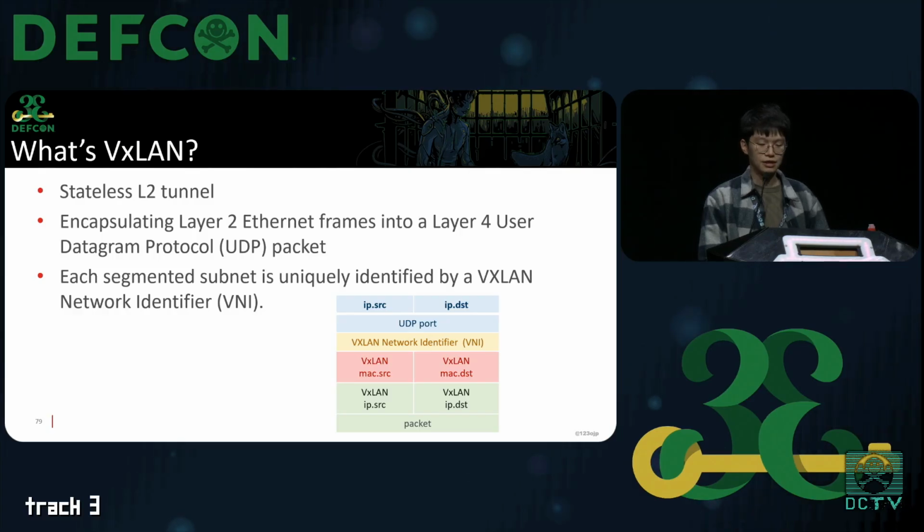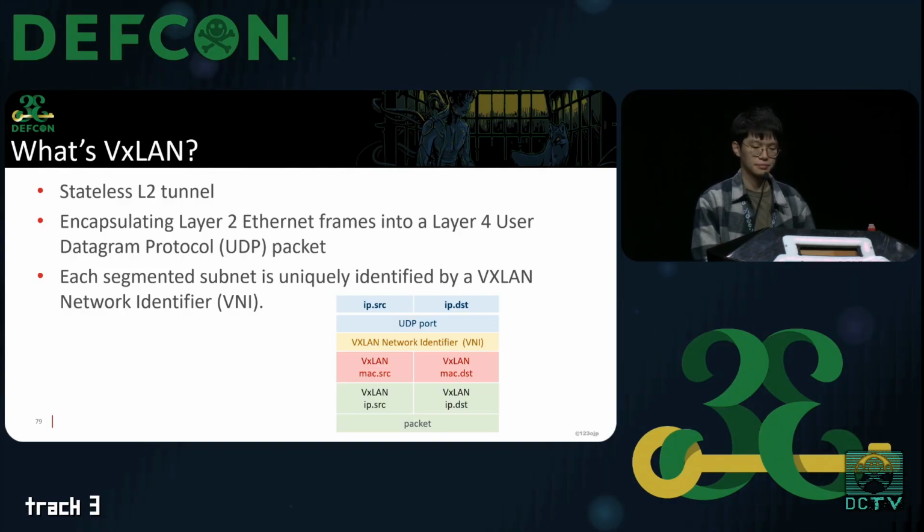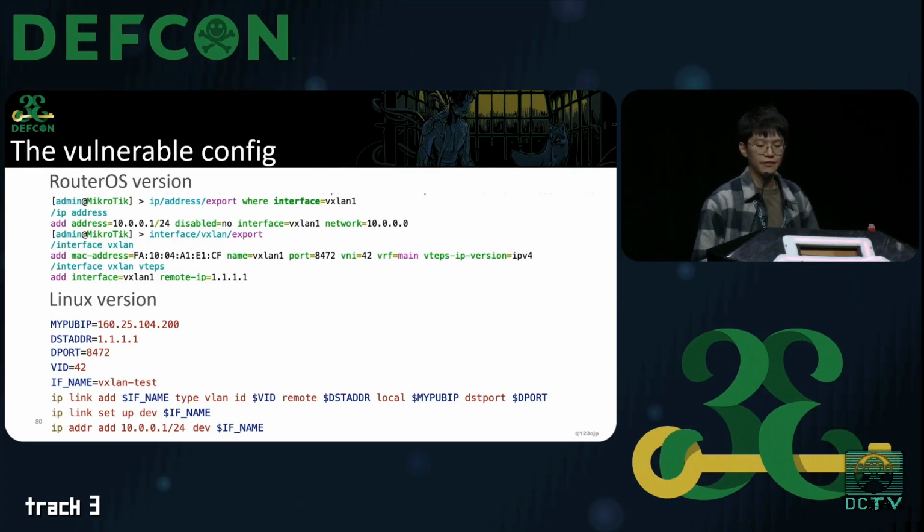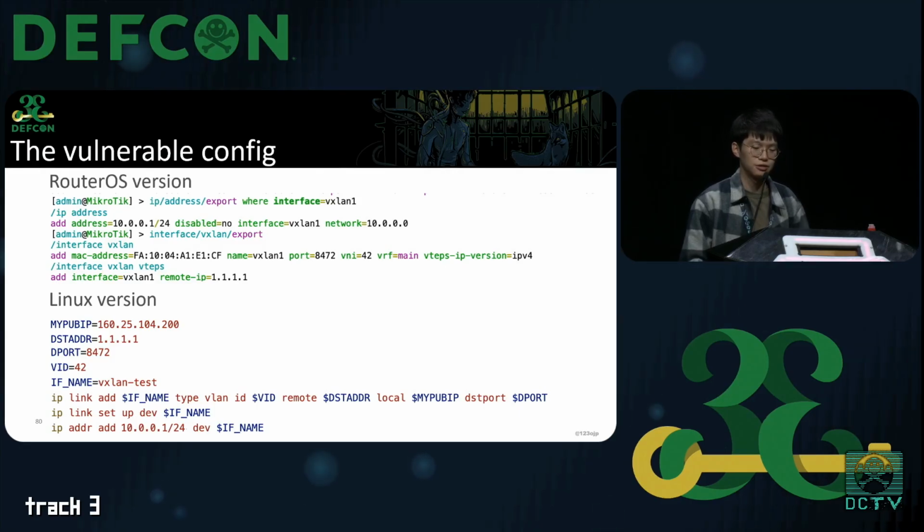Each subnet is uniquely identified by a number called VNI. We can configure a VXLAN tunnel similar to GRE by giving the remote IP, local IP, destination port and VNI. However, this configuration is vulnerable.